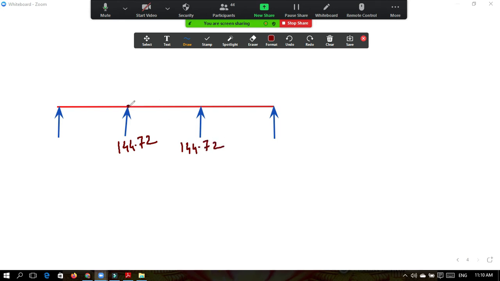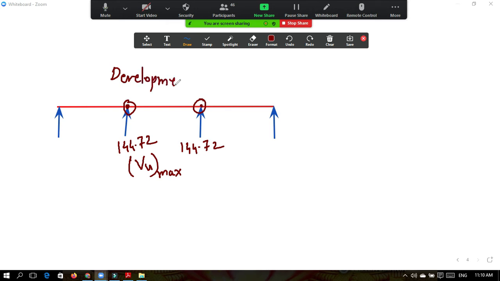It is for these 2 points. That was the value of VU and that is the maximum value, for designing the shear force. But the development length is always provided at the end support.